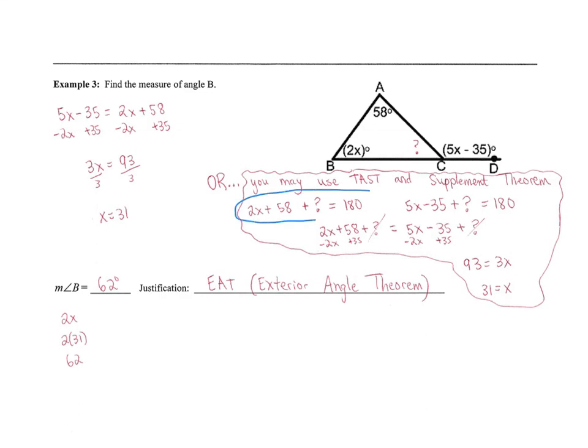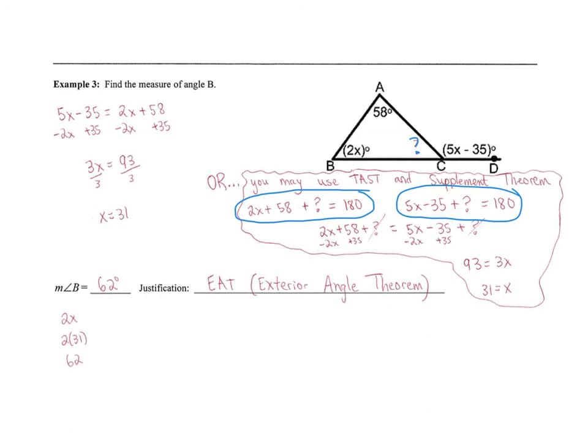So we know that the sum of all of the angles in a triangle add to 180. So 2x plus 58 plus this unknown angle, let's just call it a question mark, in this bottom right side of the triangle. And we also know by the supplement theorem that 5x minus 35 plus a question mark equals 180 degrees.